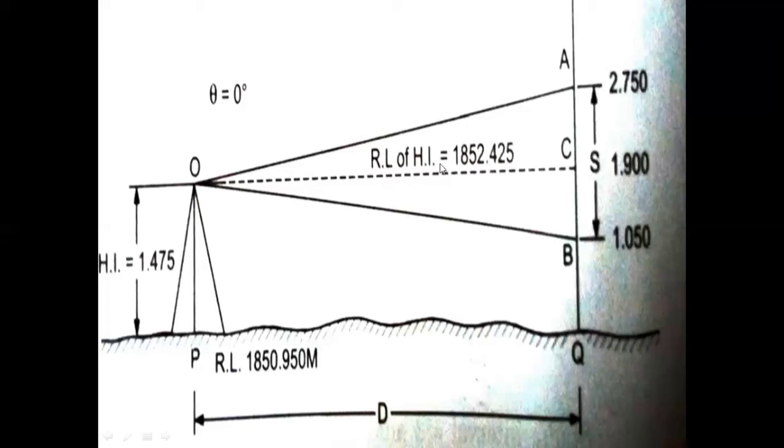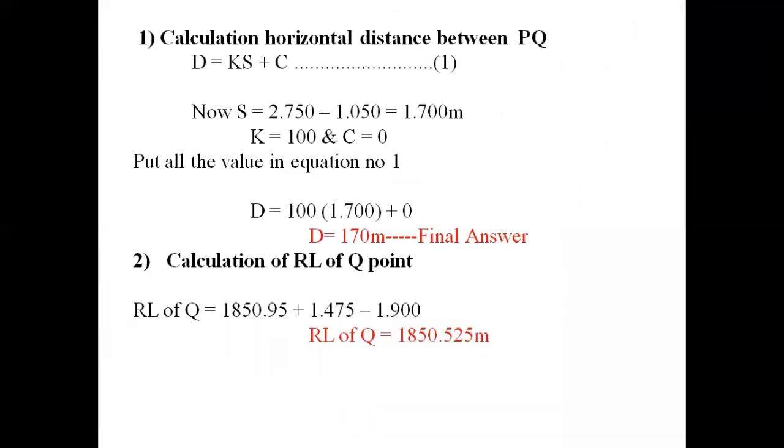Let's go for the horizontal distance and the RL of Q. The horizontal distance is equal to K S plus C, that is equation number 1. Now S is the staff intercept. The upper hair reading 2.750 minus the lower hair reading 1.050, the difference between these two values, the staff intercept, is 1.700 meter.